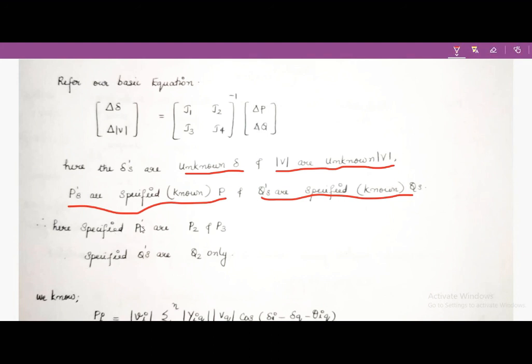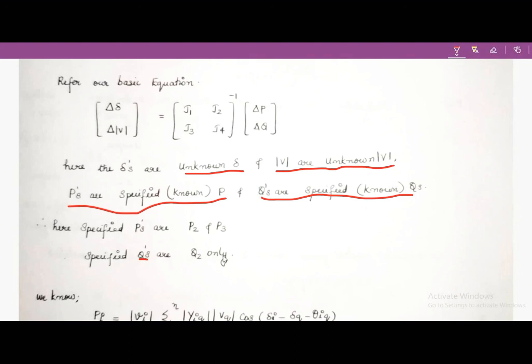Now for the known parameters of P, in which buses is P specified? Yes, P is specified in the first bus, second bus and third bus. But we will be neglecting the first bus because the first bus is the slack bus. We need not calculate anything for the slack bus. Now, in which buses is the reactive power specified?